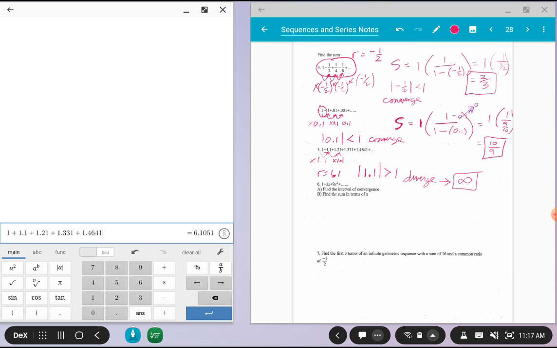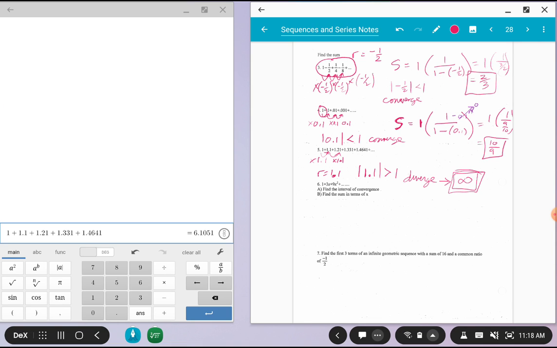This can keep going on and on. Notice how this number is getting larger and larger. We went from 1, now we're all the way to 6, then we're going to go to 7 and 8. It's just getting larger and larger. So this is going to be a divergent problem. We say it goes to infinity. All right, so that's how we tackle geometric series, whether they are convergent or divergent. You just want to look at the common ratio.